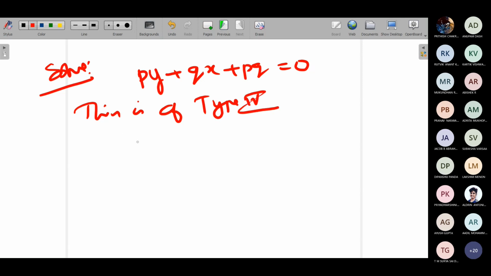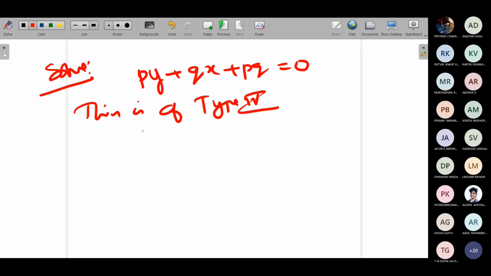Whenever you have type 4, you have to separate the variables: p and x on one side, q and y on the other side. So we have py plus qx plus pq equal to 0.